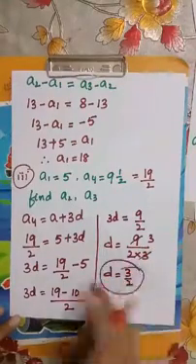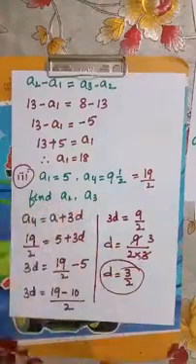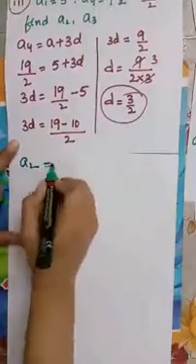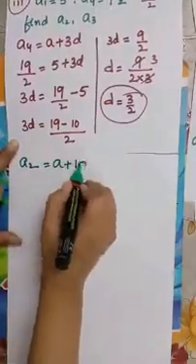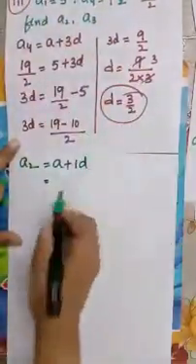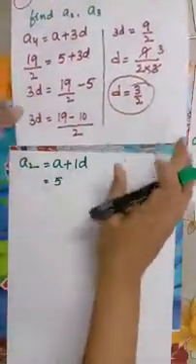Once we got D, we can find A2. A2 formula is A plus 1D. Okay, A given है. A कितना दिया हुआ है? 5. आपको गिवन है A इज नथिंग बट 5.